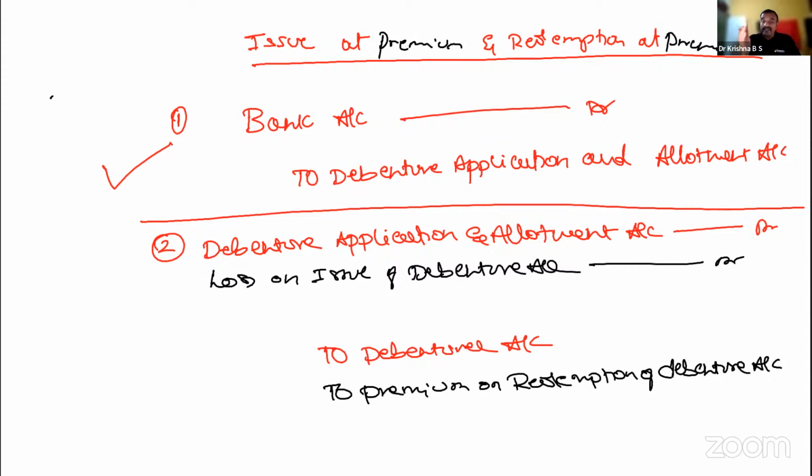The second entry is almost the same except one thing: debenture application and allotment account debit, loss on issue of debentures account debit, to debentures account, to premium on redemption of debentures account. Again, the last entry you should write is to securities premium reserve account. One extra entry is added. This is case number 6. Any doubts in these cases? Please write it down fast.